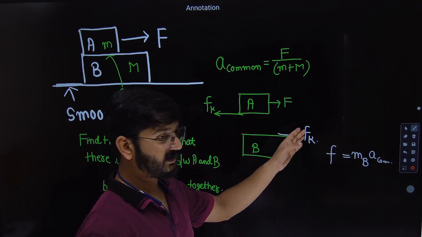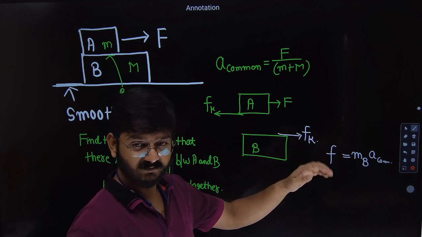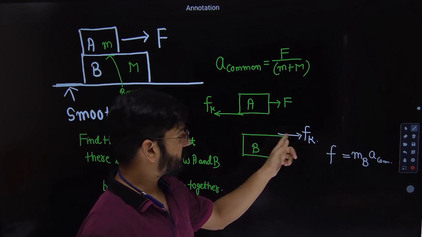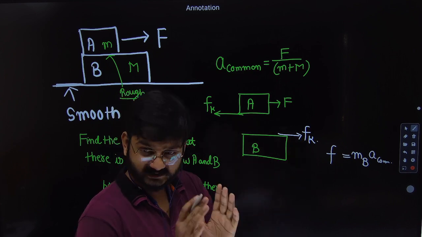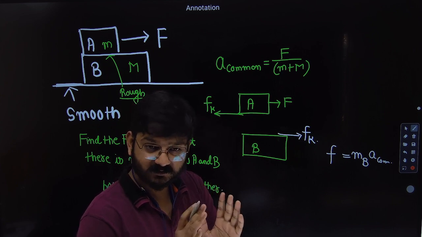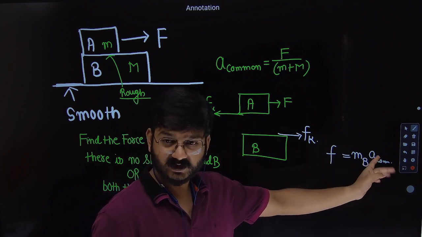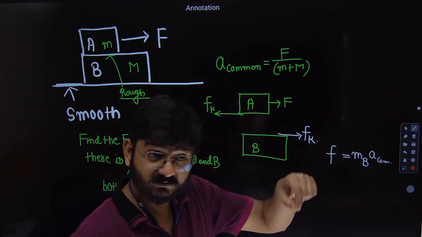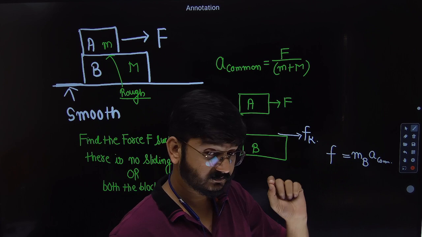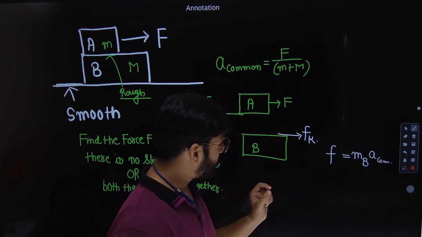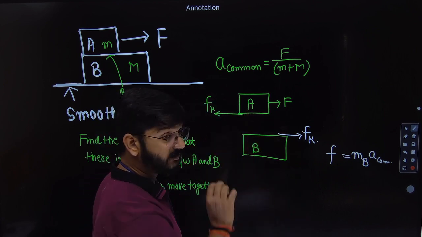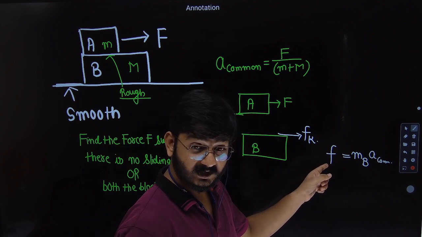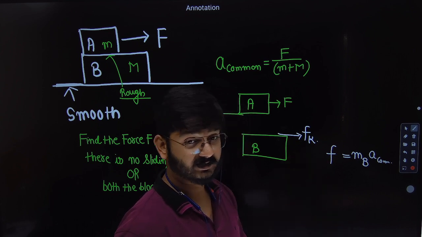We know that there is a definition for friction. Friction is basically mu into N. But I'm thinking in a different way, that this force is responsible for the movement. So by the basic definition, force is equal to mass into acceleration. Why common acceleration? Because I'm assuming that both of them are moving together. Clear? Now, if both of them are moving together, should this force be less than Fs max or greater than Fs max?